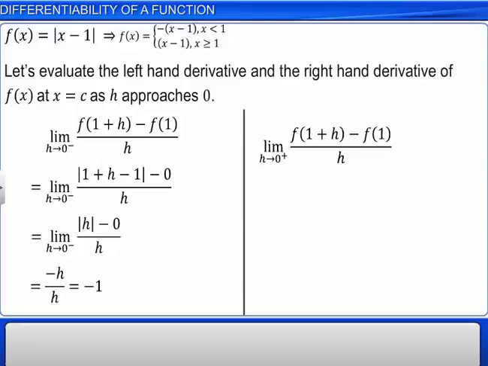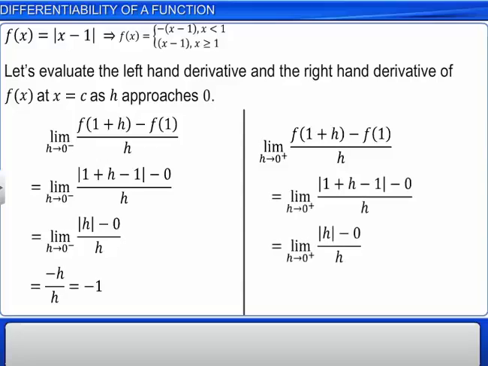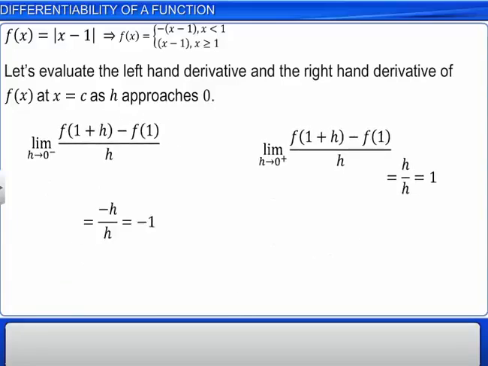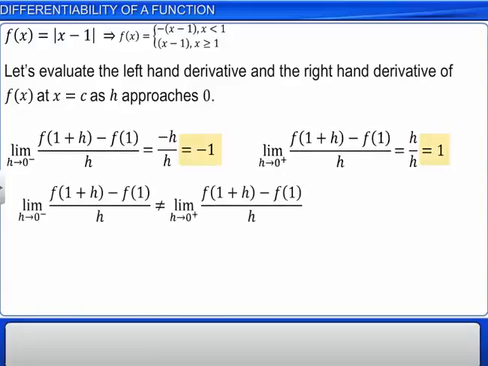Clearly, the two limits are not equal. Hence, modulus of x minus 1 is not differentiable at 1. Hence, we can say that all continuous functions need not be differentiable.